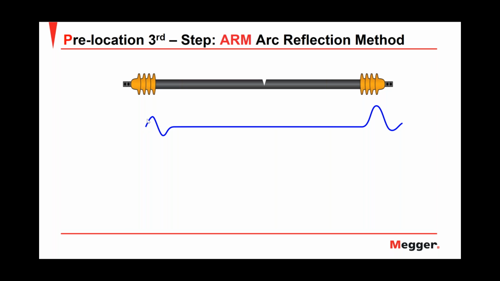If we see this reflection, this change of impedance comes from the connection between the test leads of my thumper and the cable under test. So this is the first change of impedance. Then the low voltage pulse will walk, let's consider, with one leg in the concentric and the other in the center conductor. What will happen with the low voltage pulse when it arrives at the fault position?